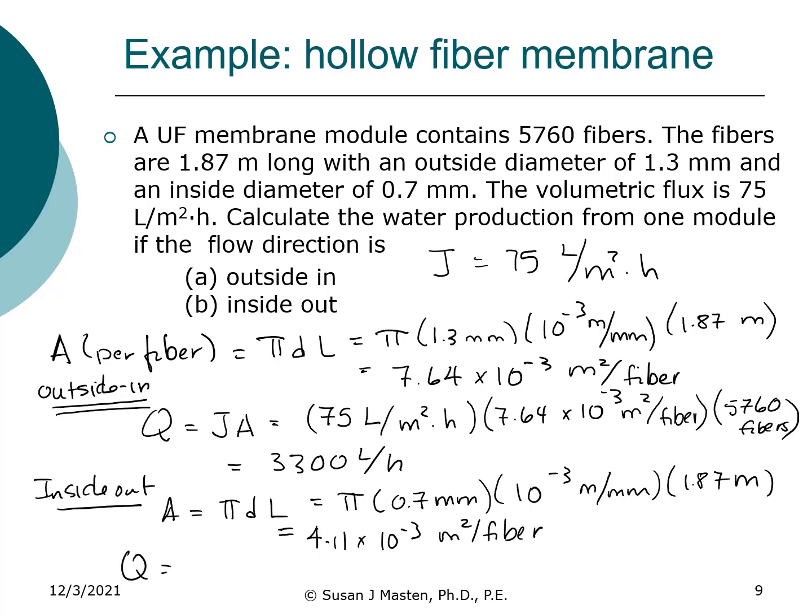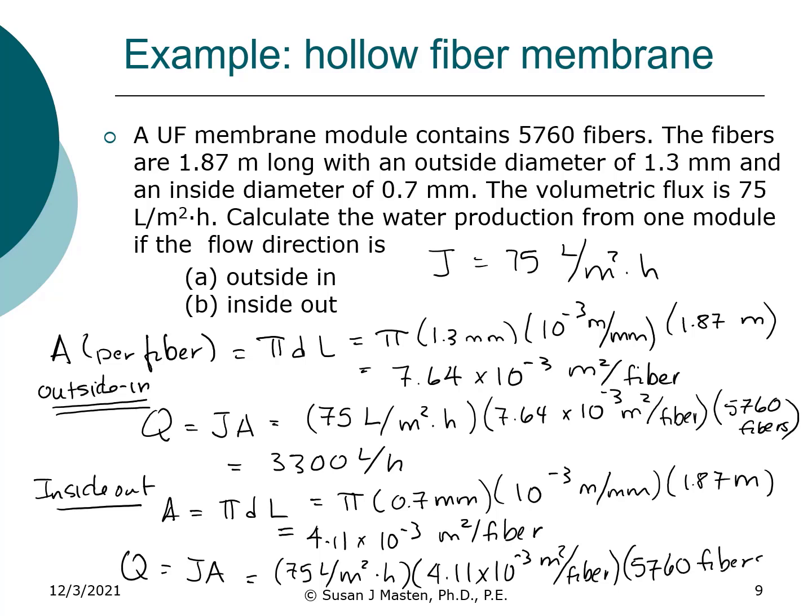Again, we can calculate Q simply equal to our flux times the area. And again, we have 75 liters per meter squared per hour times, in this case, the 4.11 times 10 to the minus 3 meters squared per fiber times 5,760 fibers, and that is equal to 1,780 liters per hour.